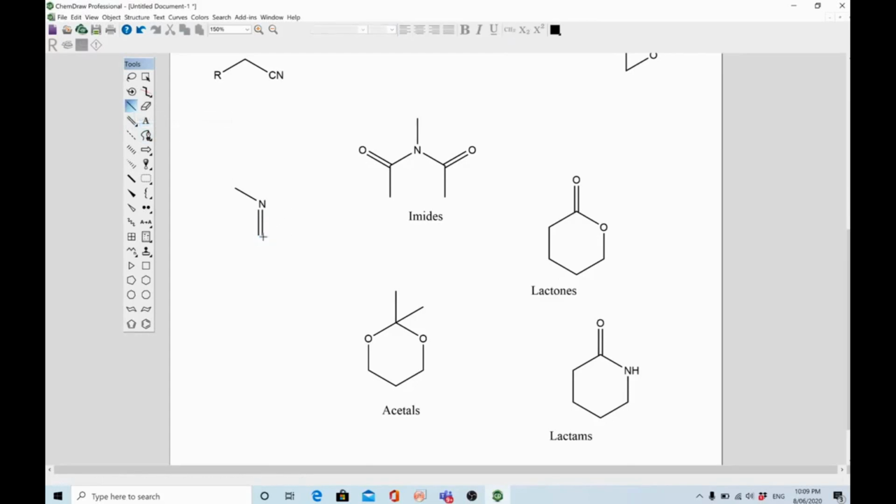So R N C, R N C O. So one oxygen there. Okay, so these are called isocyanates.